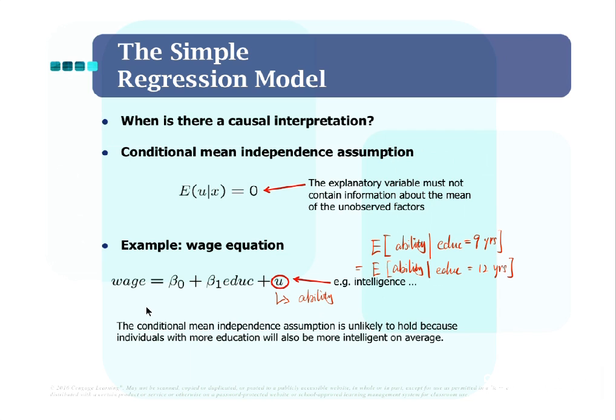So you don't know how much of the increase or decrease of wage can be attributed to education, and how much can be attributed to unobserved factors, for example, innate ability or intelligence. So it's very difficult to identify this beta if we don't have this conditional mean independence assumption.